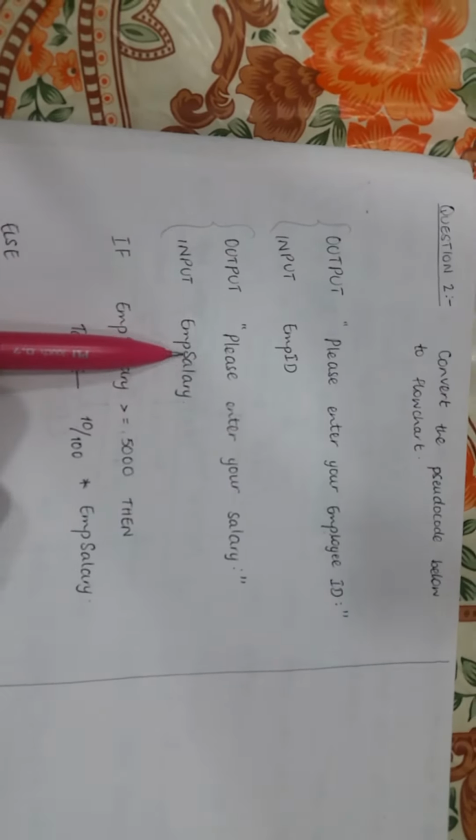So one outgoing arrow again, output, the second instruction, input employee ID.